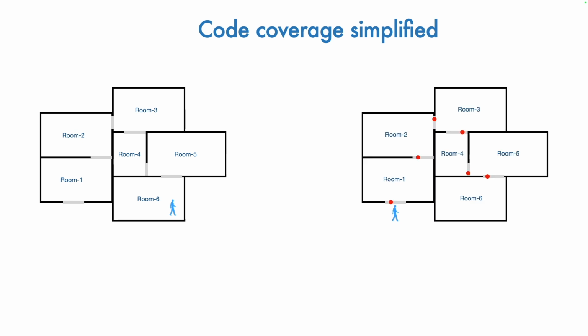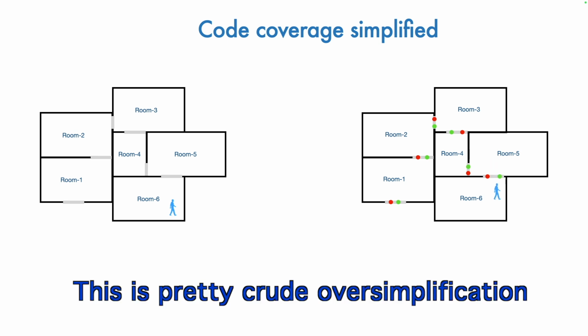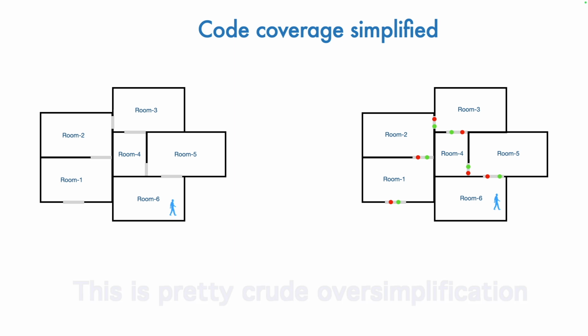Think of it like each door has a sensor, and every time the person enters that particular block of code or room, it basically recognizes whether that part of the code got executed or not. And this metadata of execution pattern is what is actually represented as a Jacoco report or code coverage report.